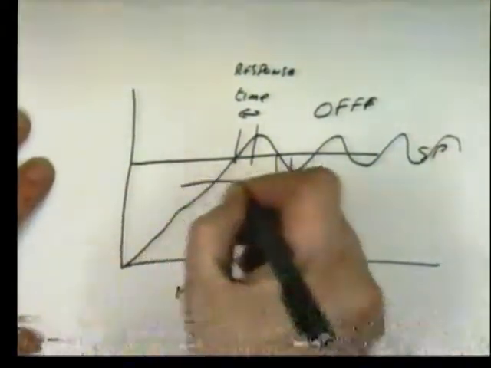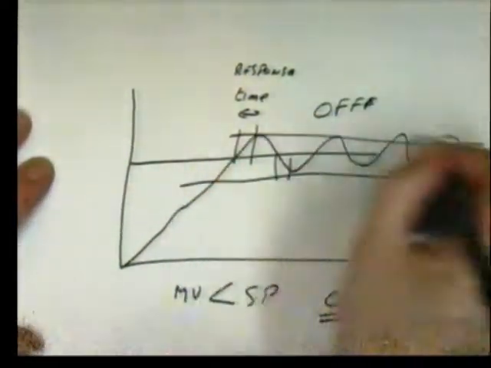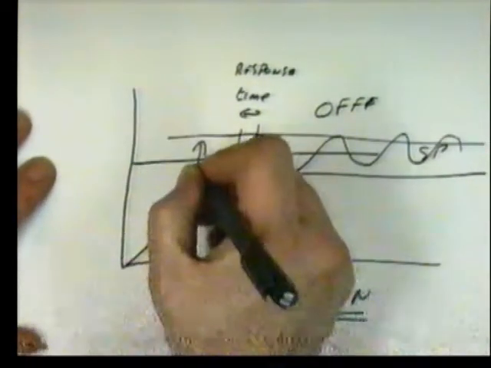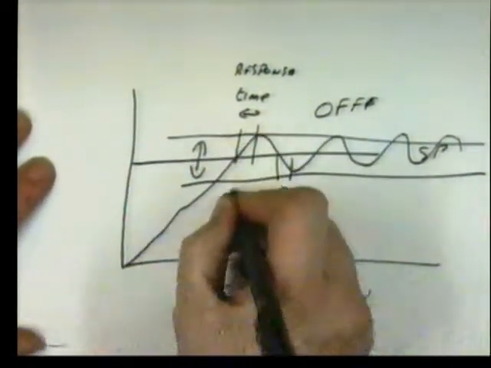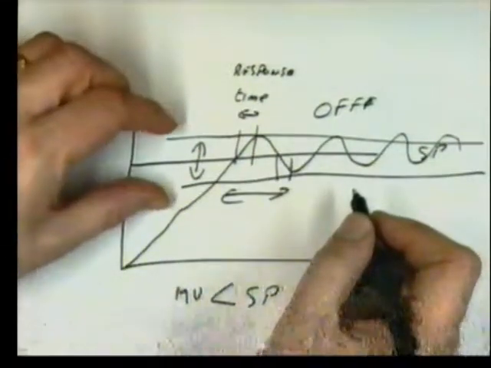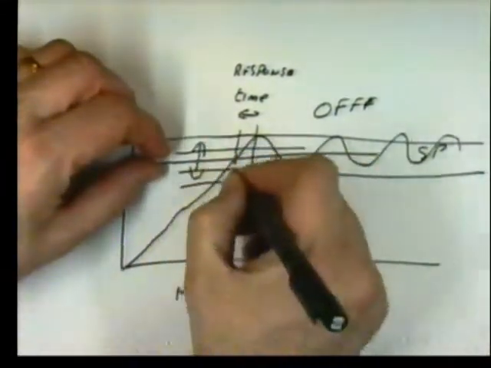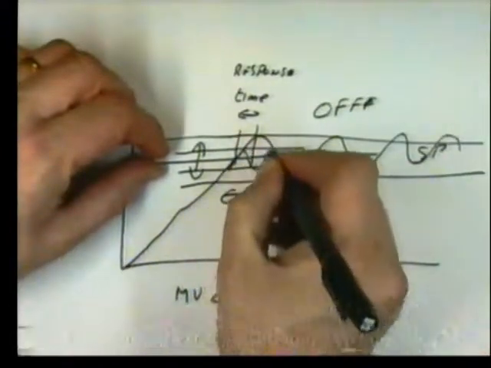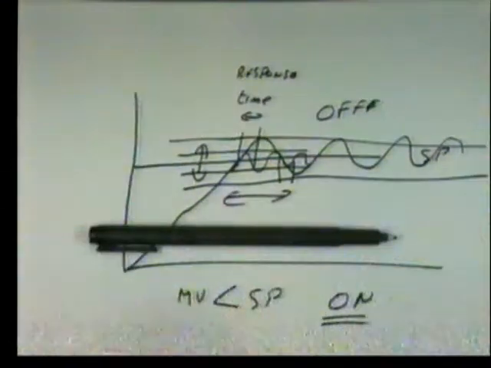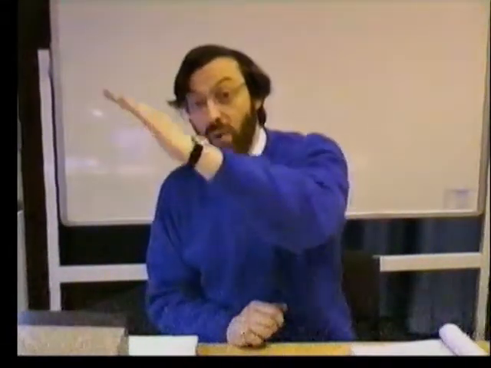And there is a direct relationship between the amount of oscillation and the frequency of oscillation. If you narrow down this line so you have a narrower oscillation, you will oscillate faster. So there is a clear relationship between the two. We drive up and then we turn off, and you will oscillate around the set point.